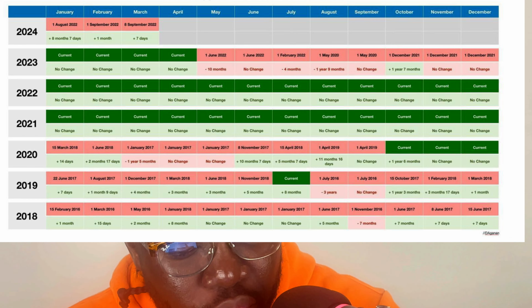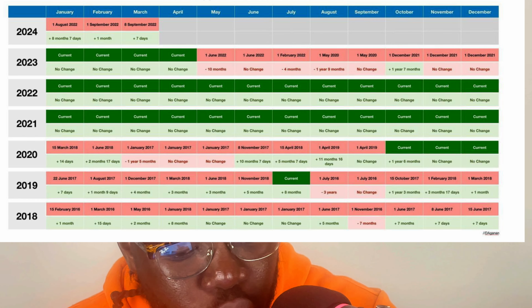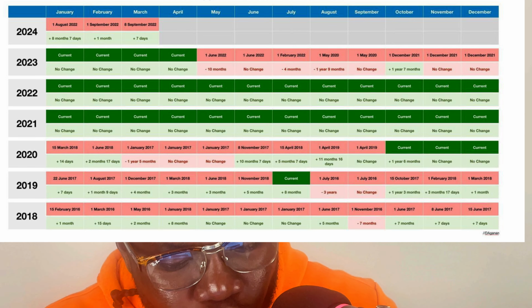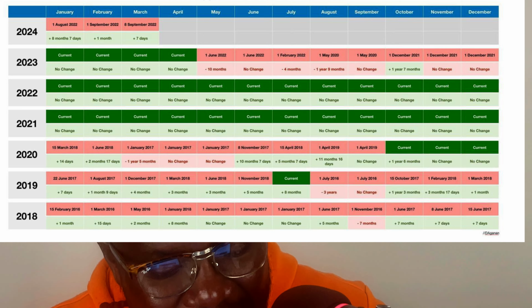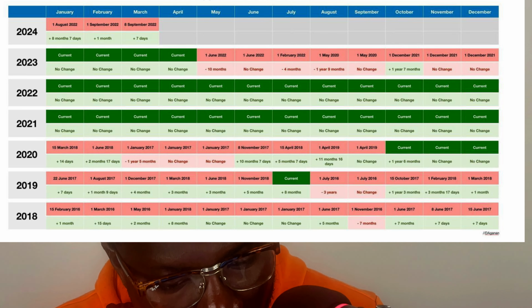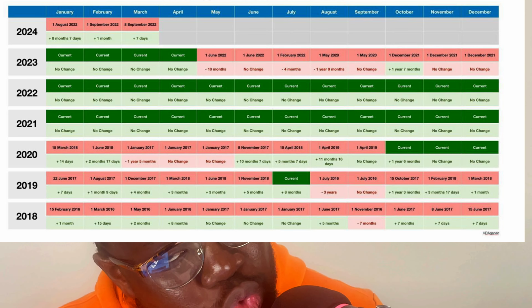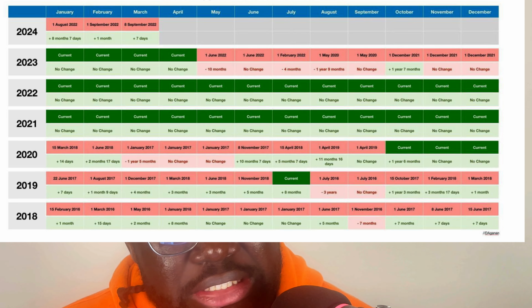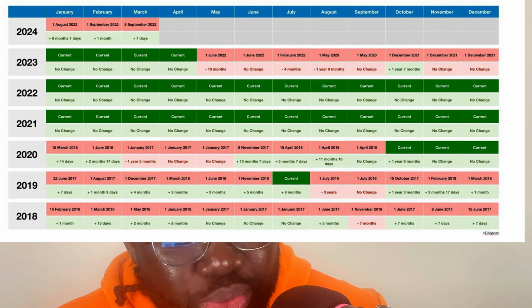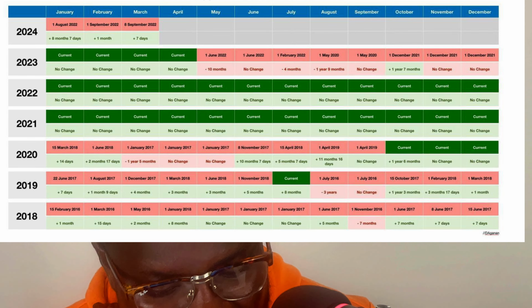Now, mind you, in July, the date was 1st February 2022. And then in August, it retrogressed back again 1 year, 9 months. That means people who had priority dates before or on 1st May 2020 were the only people who would be invited for a visa interview.